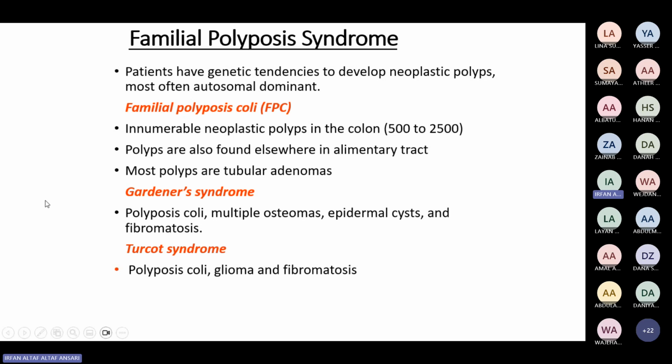But remember, in familial polyposis coli, you see more than 100 polyps. While here, there will be multiple, but fewer in number than in familial polyposis coli. And these two syndromes are also associated with other malignancies like osteomas, epidermal cysts, fibromatosis. Here you have the gliomas, the brain tumors, and fibromatosis.